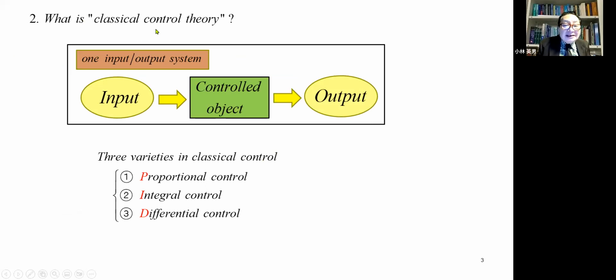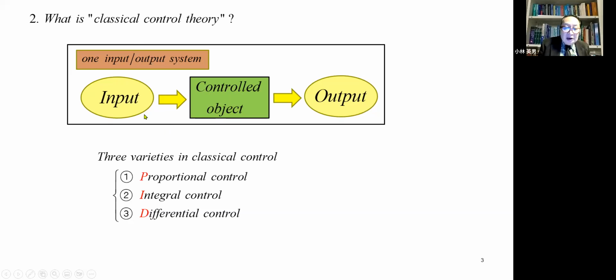And what is classical control theory? Classical control theory, in other words, PID control theory, is in the figure like this. It's a one input-output system. Input is only one, output is only one. So the control object, in control engineering, is usually called a plant.